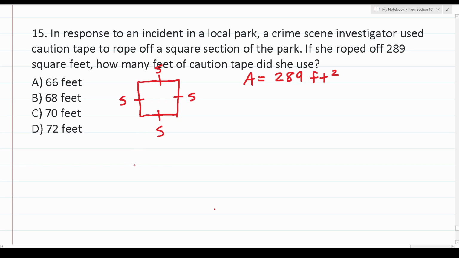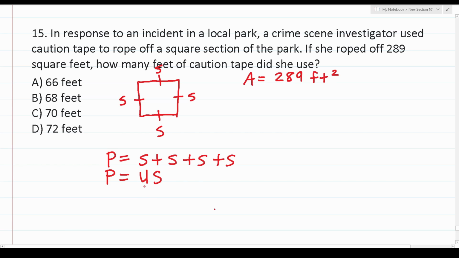And how do you find the perimeter of a square? To find the perimeter of any shape, you simply add up all of its sides. So in other words, the perimeter of this square is going to be S plus S plus S plus S, which we can simplify to be 4S.